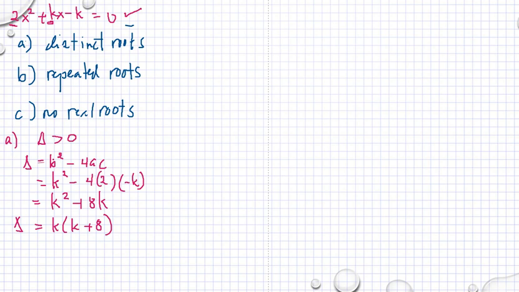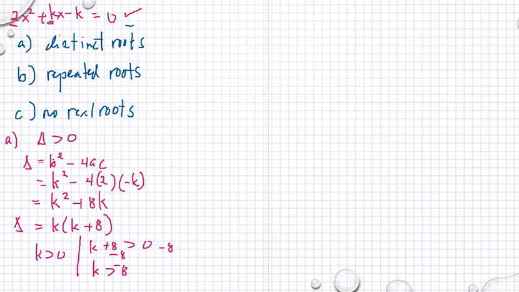Okay, if it's greater than 0, then k is greater than 0, and then k plus 8 is greater than 0. We subtract 8 from both sides, then k is greater than negative 8.